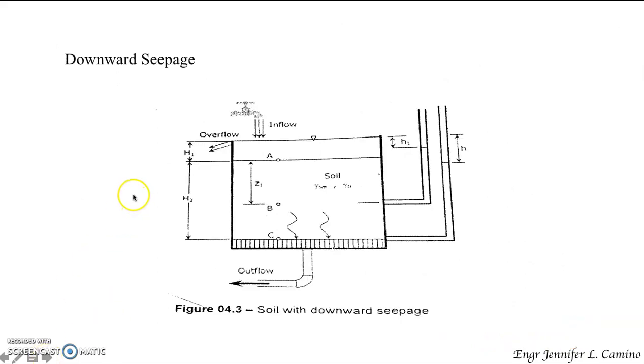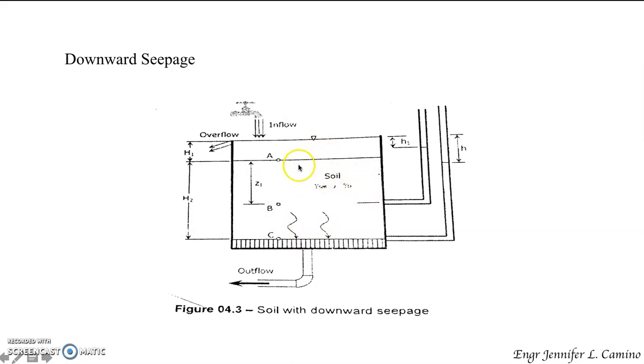Now we move on to the stresses in soil with a downward seepage. For this one, the downward seepage, the water level in the soil tank is held constant by adjusting the supply from the top and the outflow at the bottom. So this is an illustration for a soil with downward seepage.